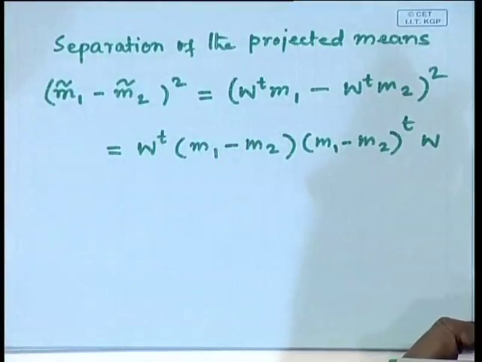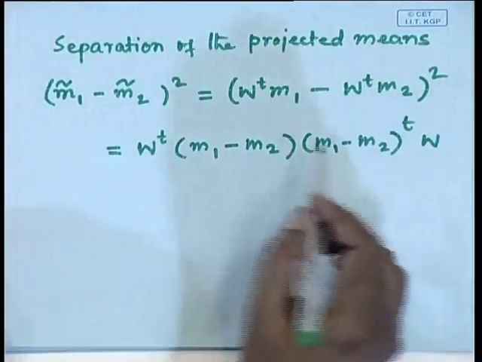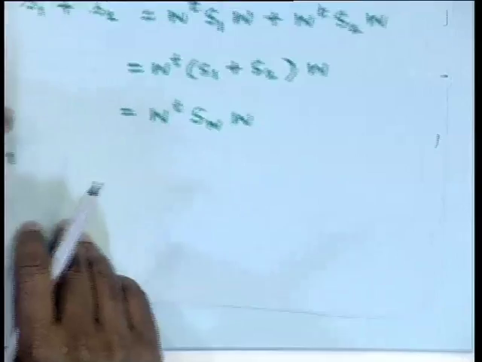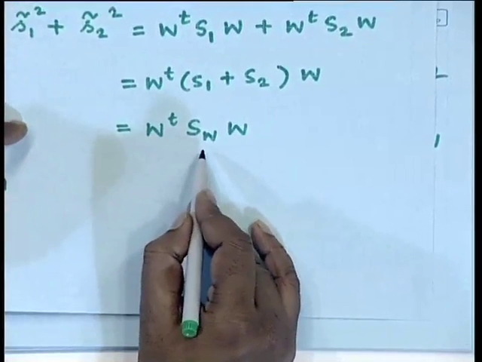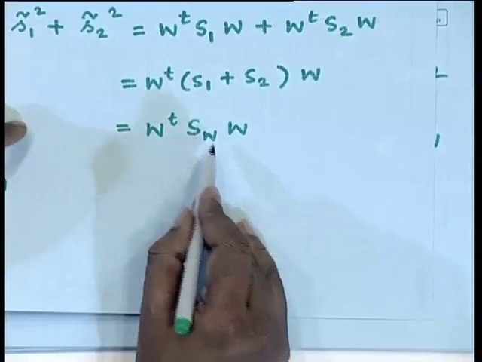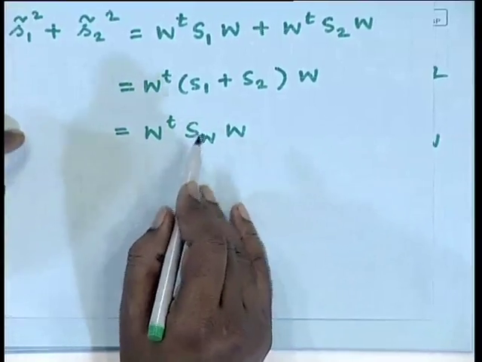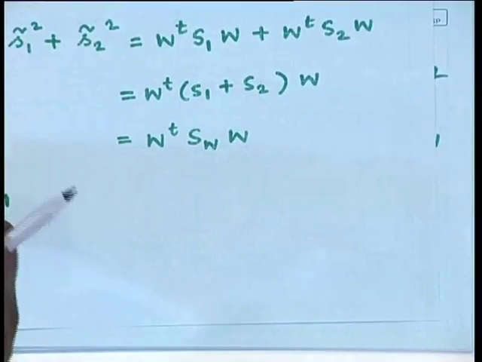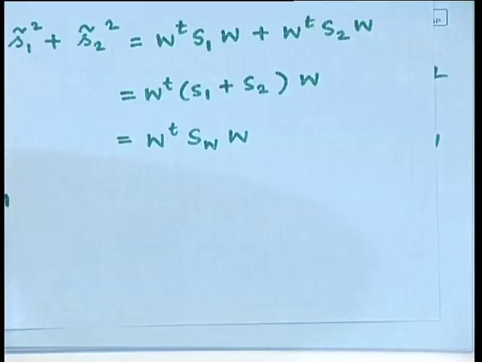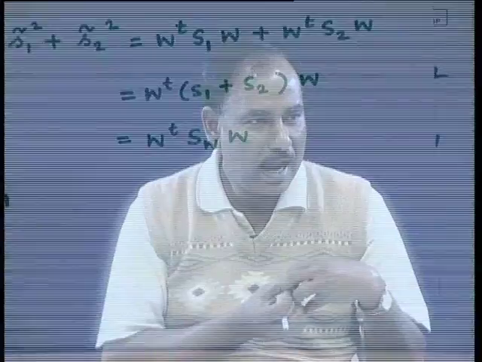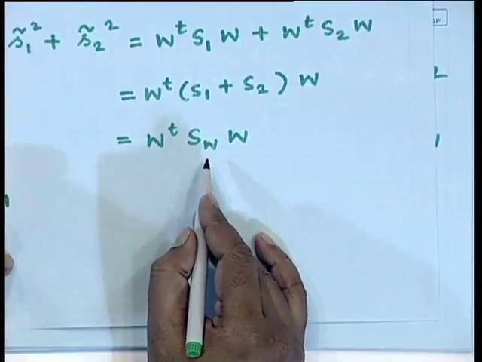Okay. So, we had S_W to be within class scatter, because for its computation I am considering the samples belonging to individual classes, computing their scatters and then adding these intra class scatters. So, this is what is called within class scatter.